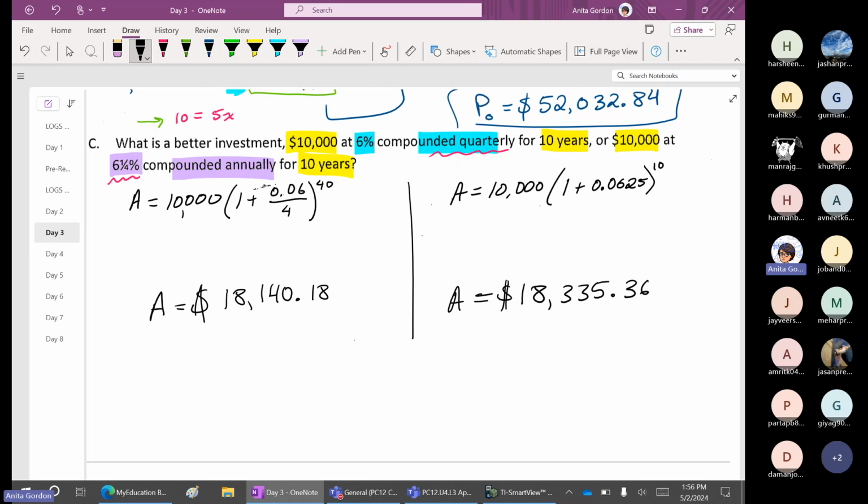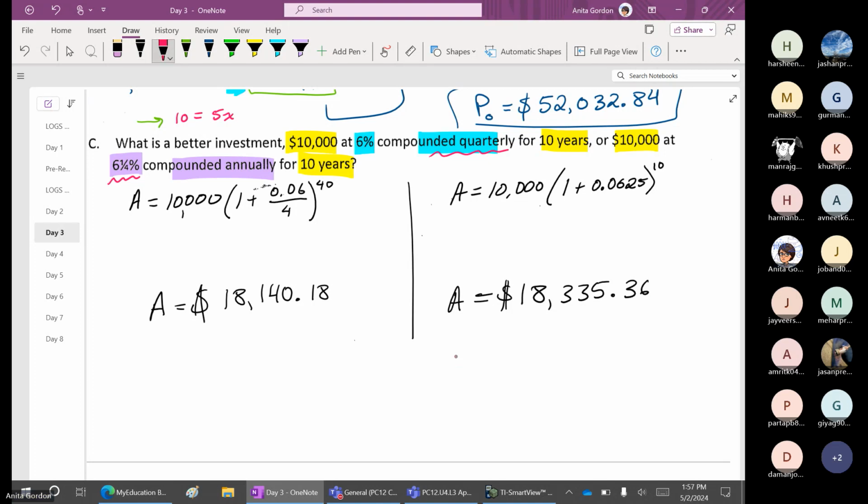This is not true if the interest rate is the same, though. If they offered you 6% compounded quarterly versus annually, you go quarterly because you're getting it recalculated more often. But if you have to choose between a higher compounding period or a higher interest rate, your interest rate long-term will outweigh the compounding period.